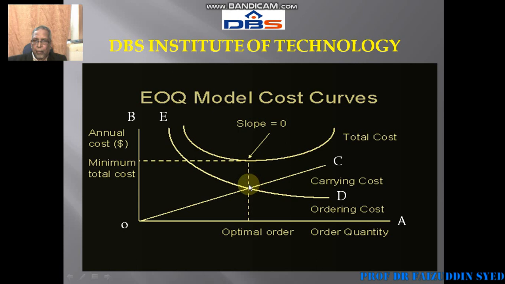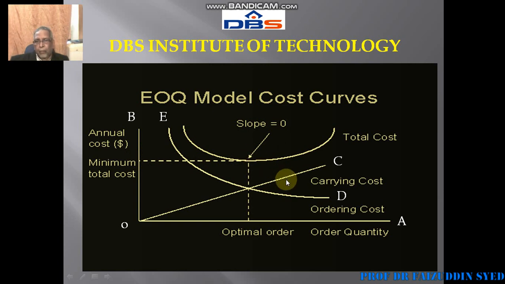If you draw a vertical dotted line, this will meet a dotted line from C to OB. This point is called the minimum total cost, where the slope is equal to 0.